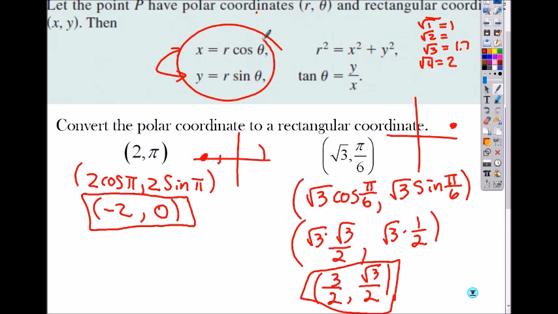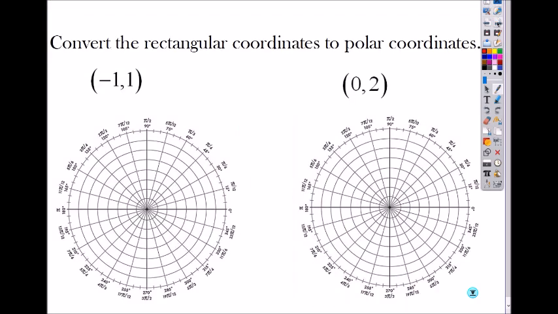But now, when we go back to polar from rectangular, it's a little more complicated. Always go ahead and roughly sketch it. So where's negative 1, 1? Second quadrant. What do we do to find r? You have to use the Pythagorean theorem.